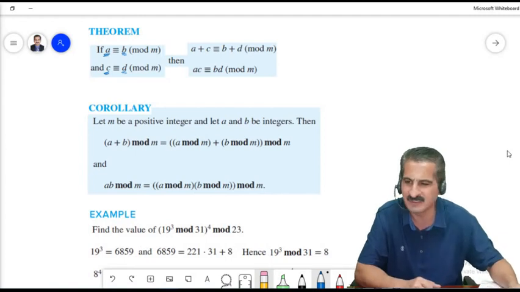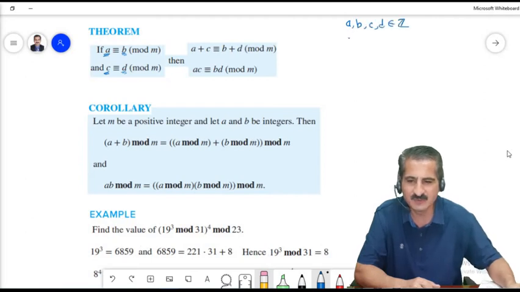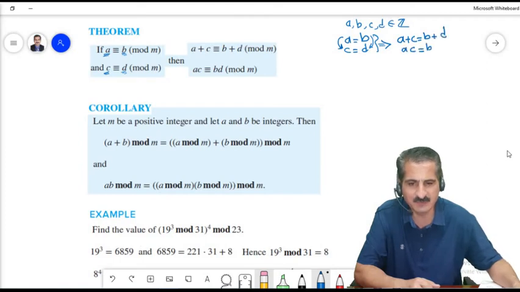Why am I saying that? If we have just integers a, b, c, d, you know that if a equals b and c equals d, then the direct conclusion is that if I add these two and I add these two, I get equality: a plus c equals b plus d. And if I multiply them, I also get equality.